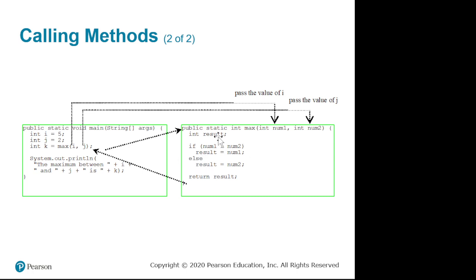And it will compare number 1 and number 2, and it will store the larger value. And it will return the larger value back to the program in place of this function. So k gets the numerical value, whatever the result was. And so we call the method inside of, in this case, main, and this code runs in place of the name of that method.